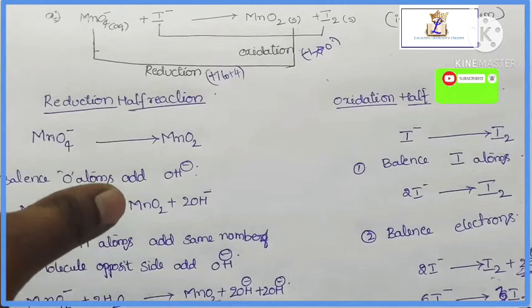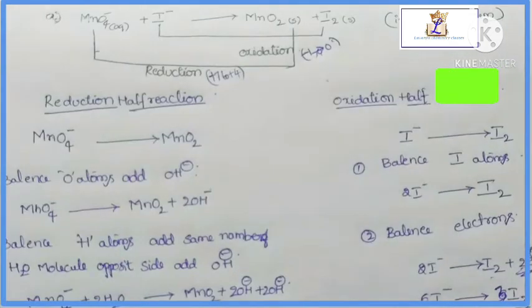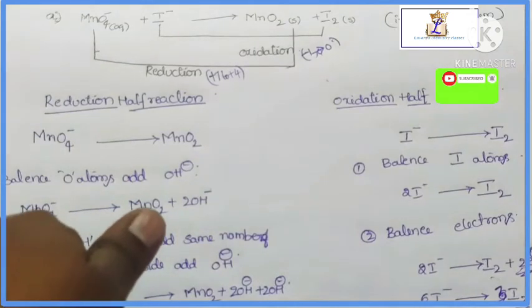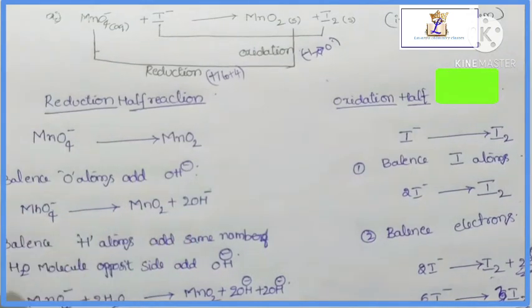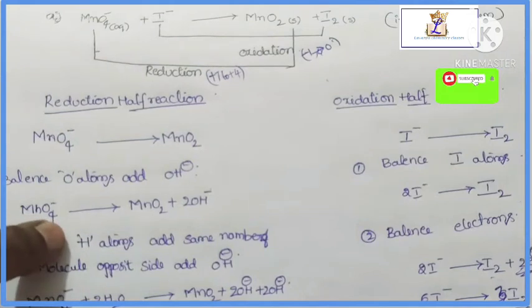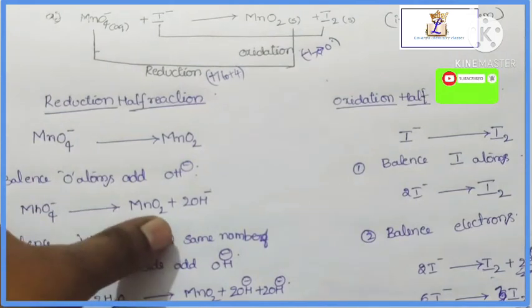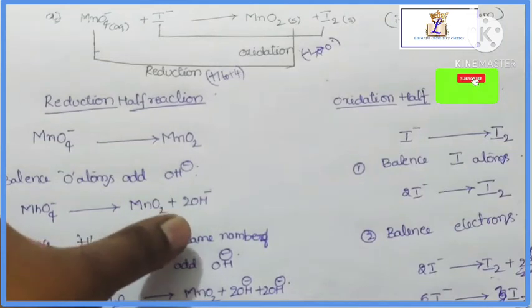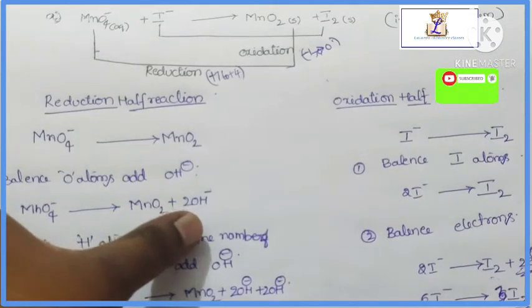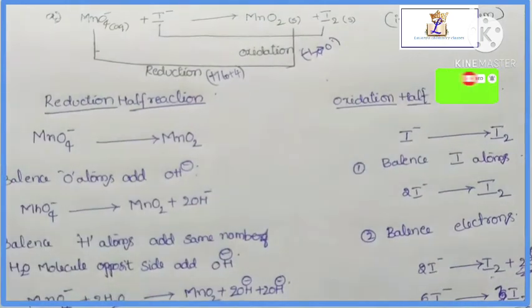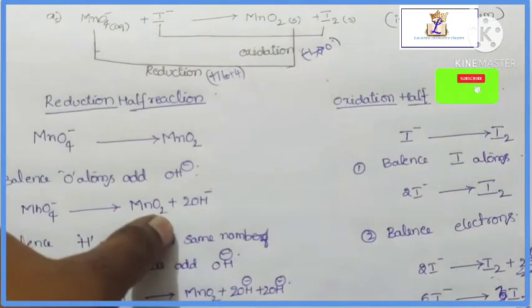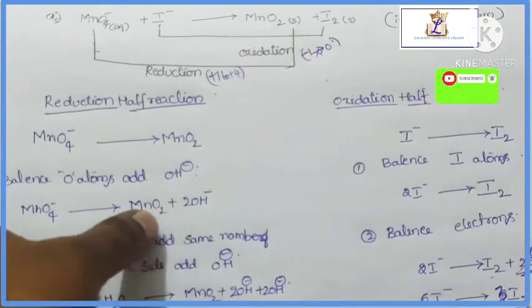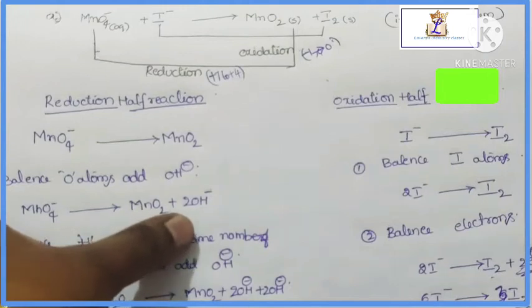In basic medium we add OH minus ions, on the side with fewer oxygens. On this side 4 oxygen atoms are there, on this side only 2. So on the side with fewer oxygens we add 2 OH minus ions, so the oxygen atoms are balanced.